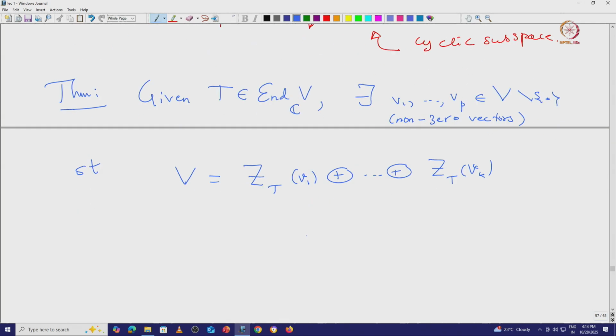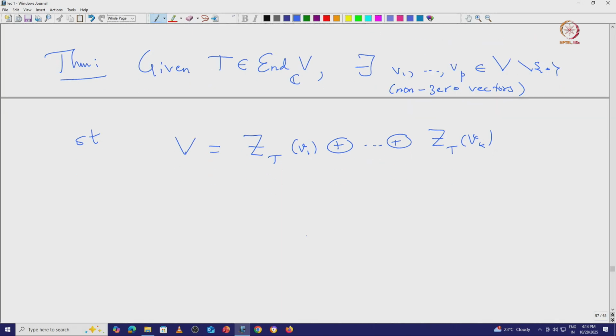Okay. And this is called the cyclic decomposition theorem, and moreover it satisfies the following property.